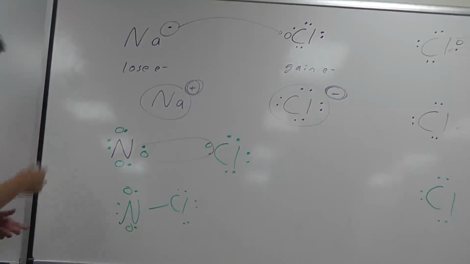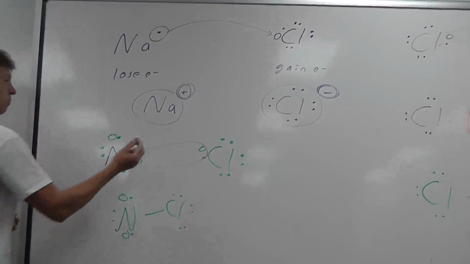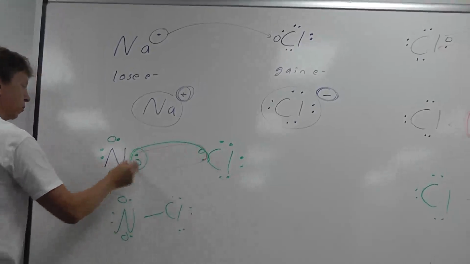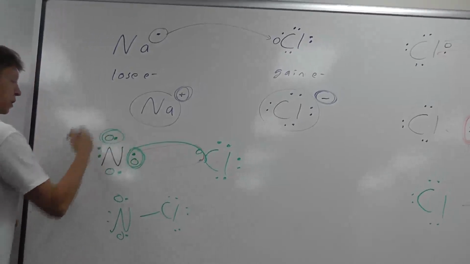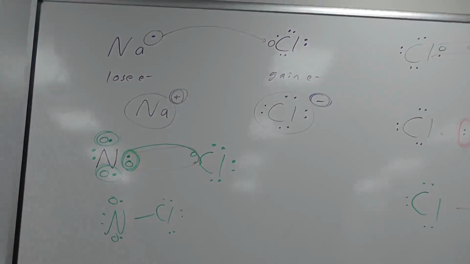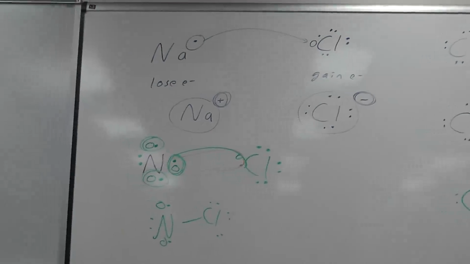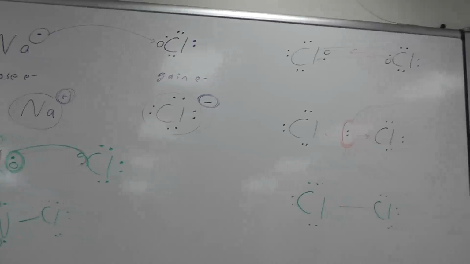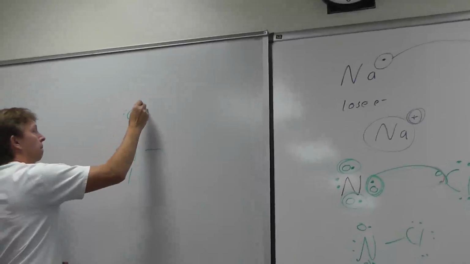And so if you're bonding nitrogen with chlorine, then really, I guess, one chlorine needs to work on this spot, another one works here, and another one works here. And so what you end up with is something like this.